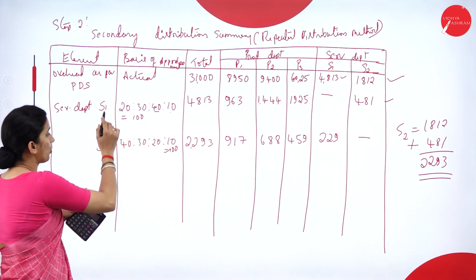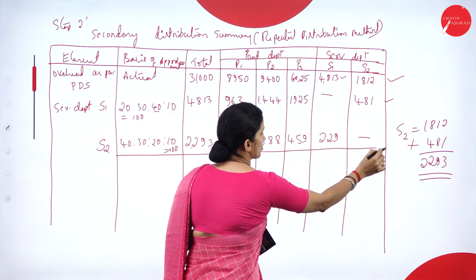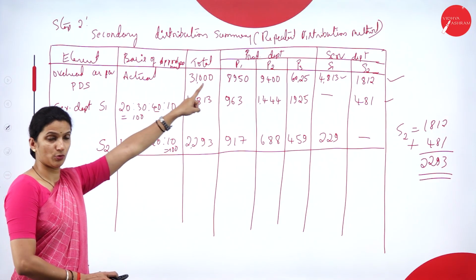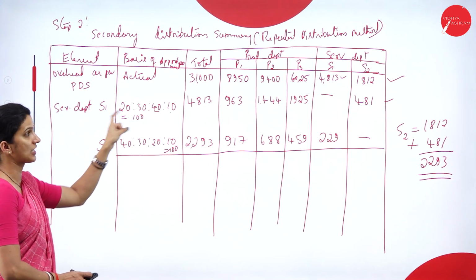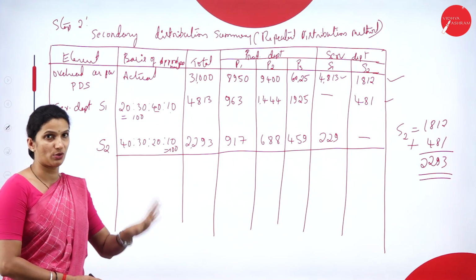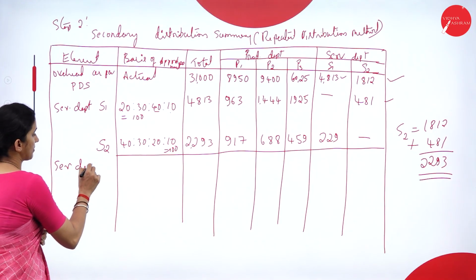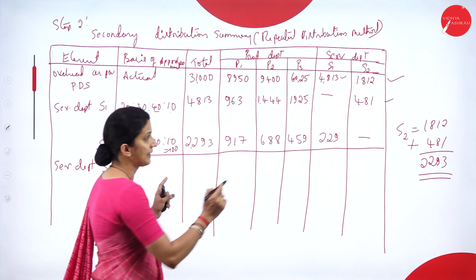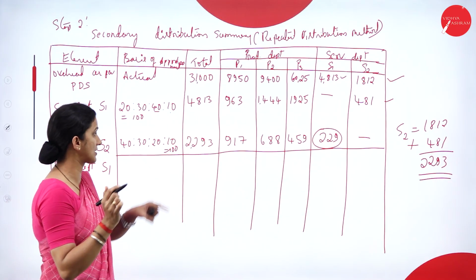Once both allocations are done, we'll draw one line here, so we will not have any calculation. Once we have allocated both the S1 overhead and the S2 overhead as per the primary distribution table, again we'll start reallocation from service department S1. What is the remaining overhead of S1? Here S1 has the remaining overhead of 229.